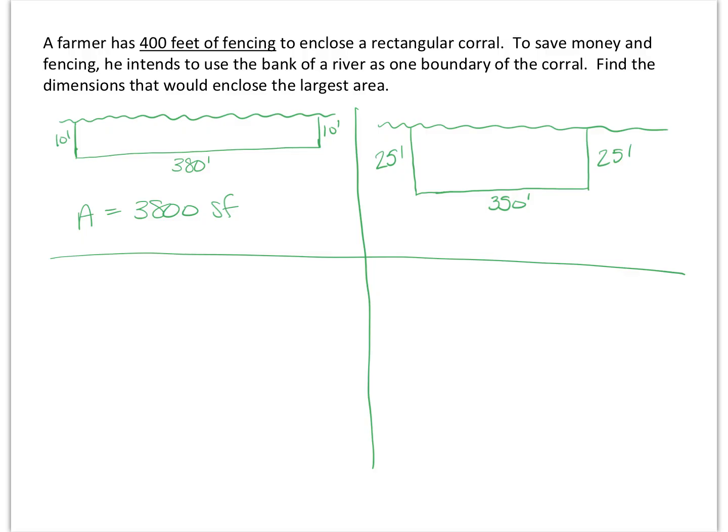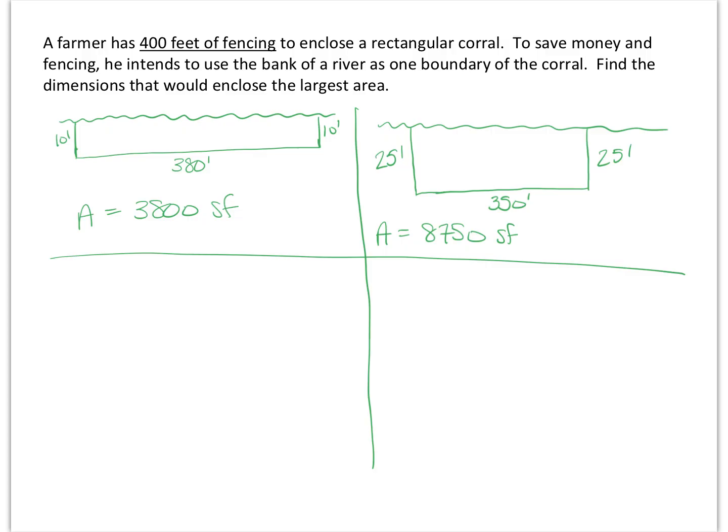So the area of this corral would be 350 times 25, which is 8,750 square feet. So if you were just choosing between this option and this option, we would choose this option. It's got a bigger area. But there are so many options to choose from.